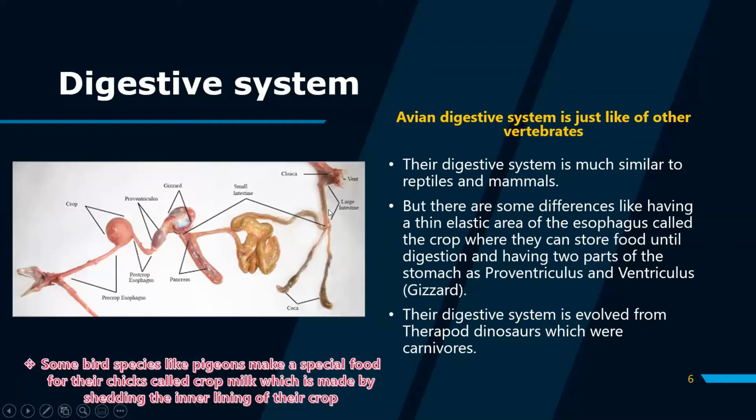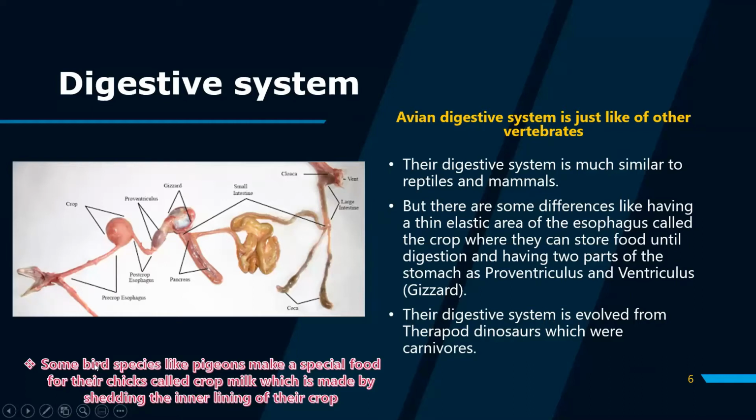Their large intestine is much shorter compared to their body and the length of the rest of the gut. And the large intestine opens to the cloaca. This cloaca is the opening not just for the digestive tract, but also for the urinary and the reproductive tract.